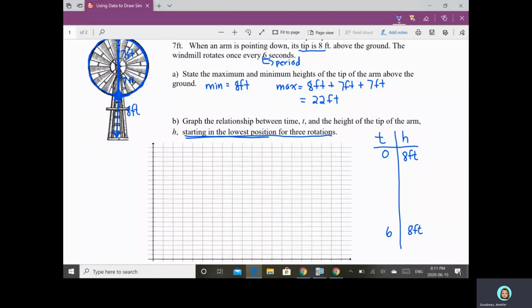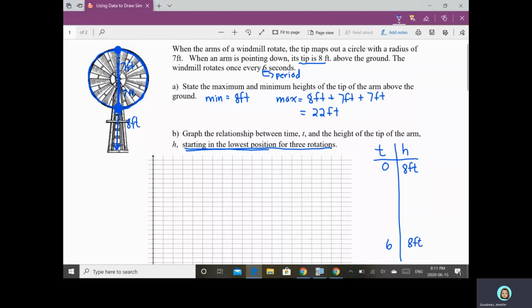Well, I need to know some points in between being at the minimum and going all around and getting back to the minimum. So let's talk about some other points that would happen on this graph. If it takes us 6 seconds to go all the way around, how long will it take us to go halfway around?